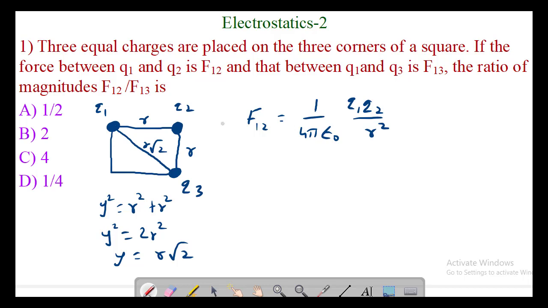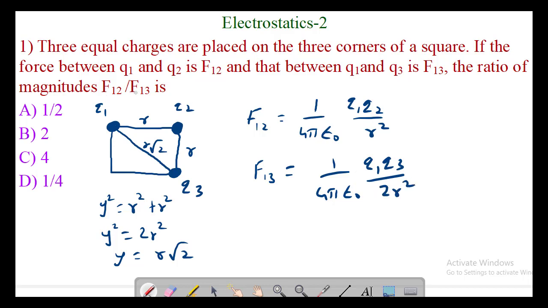Then F13 is the force between Q1 and Q3, and the distance is r root 2. We use Coulomb's law here also, so we get 1 upon 4 pi epsilon 0 Q1 Q3 upon 2r square.